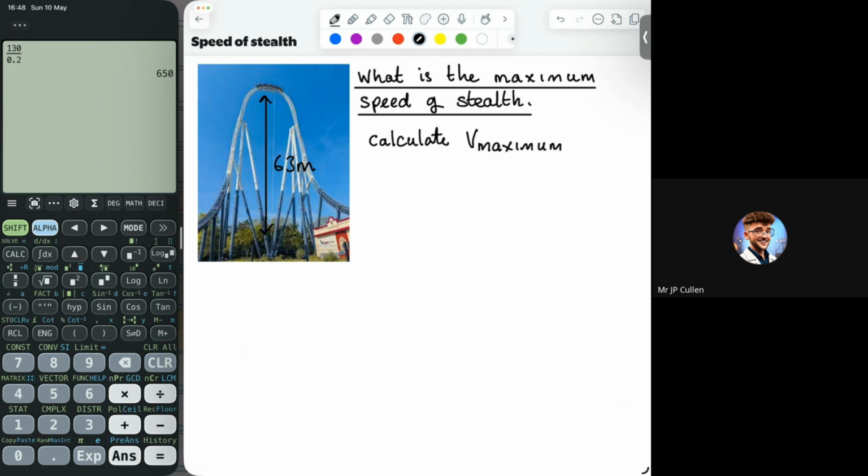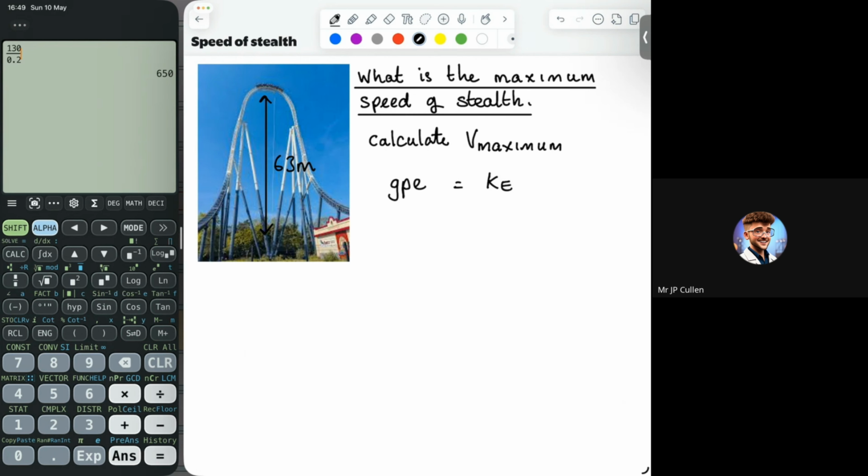It relies on all of the gravitational potential energy at the top of the ride becoming kinetic energy at the bottom of the ride. What I mean by that is if you had 100 joules of gravitational potential energy at the top, it would have converted into 100 joules of kinetic energy by the time you got to the bottom.